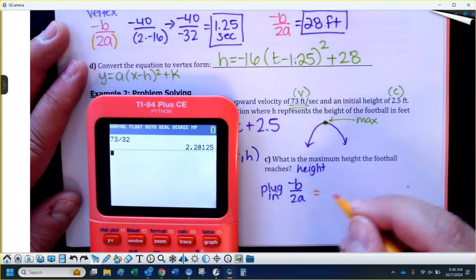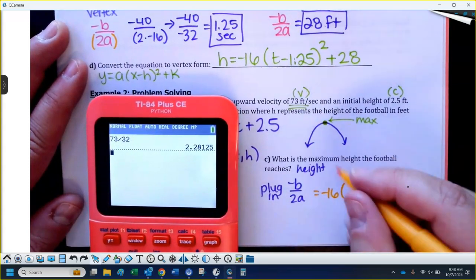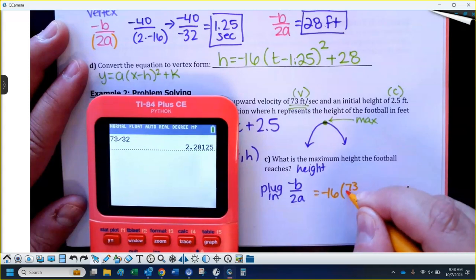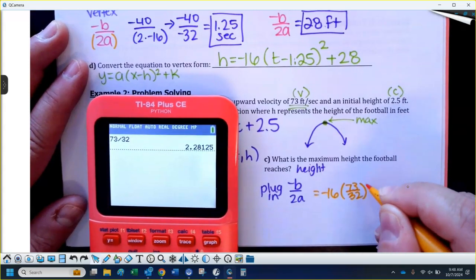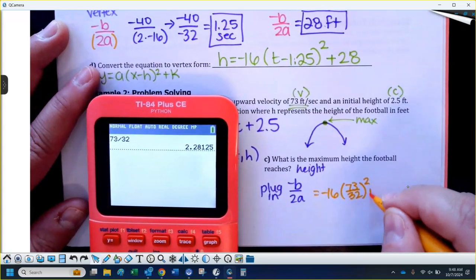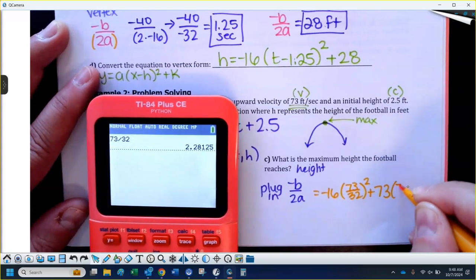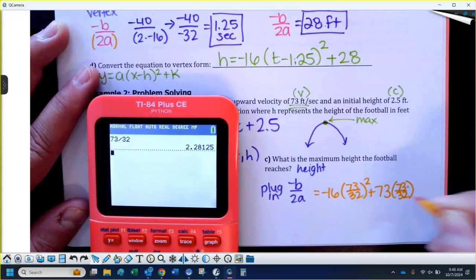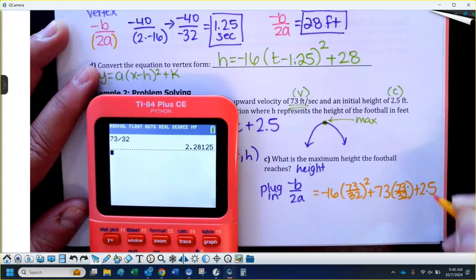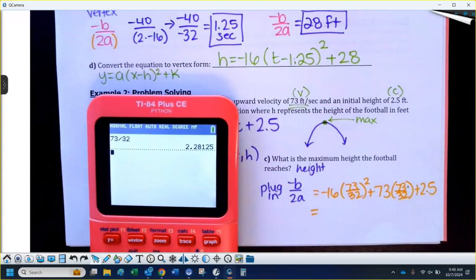To do this part then, I do -16, and I'm just going to go ahead and use that fraction, 73 over 32, squared. And then it's plus 73 times 73 over 32, and then plus 2.5. This is not a nice number either. So don't think you're doing anything wrong if you get a decimal on any of these.